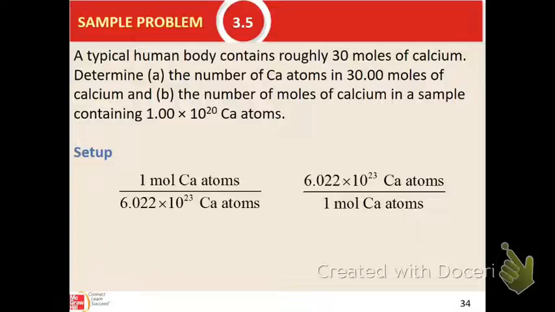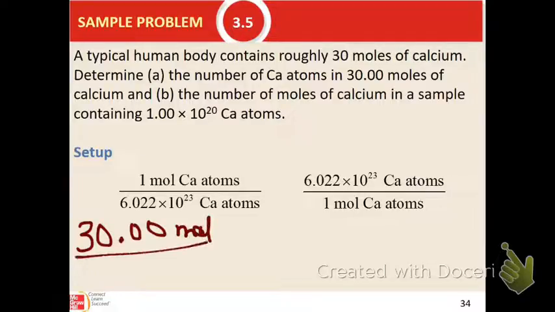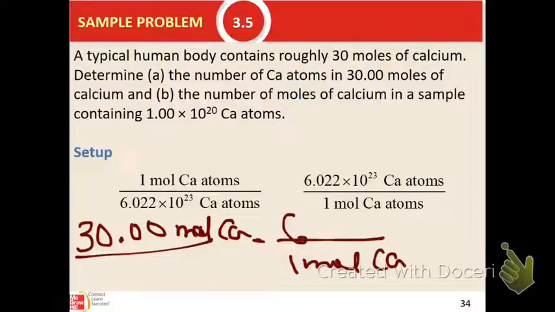I need to go back. When I had this set up, I had 30.00 mole of calcium. And I had, for every 1 mole of calcium, I had 6.02 times 10 to the 23rd atoms.